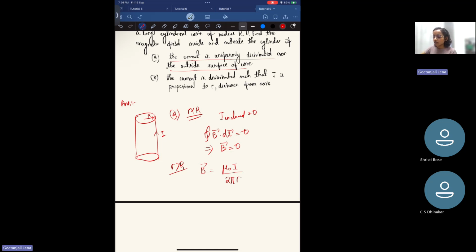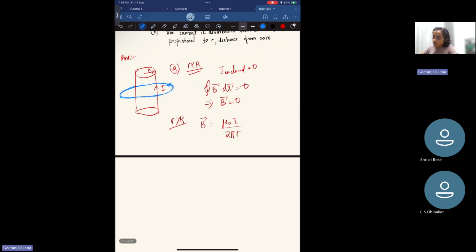Or you can take an Ampere loop. Remember that for a wire, the field is in the direction of the circumference. That is why we are taking an Ampere loop like this. For this, B is in the phi cap direction.